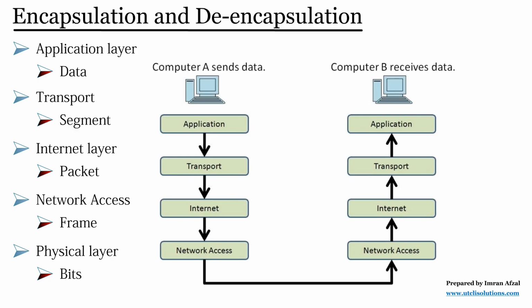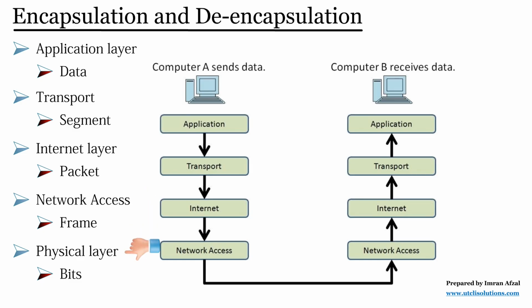Each layer in the TCP/IP model uses a specific name for the data unit it handles. At the application layer, the data is simply called data. At the transport layer, it becomes a segment when using TCP or a datagram when using UDP. At the internet layer, it is referred to as a packet. At the network access layer, it is called a frame.